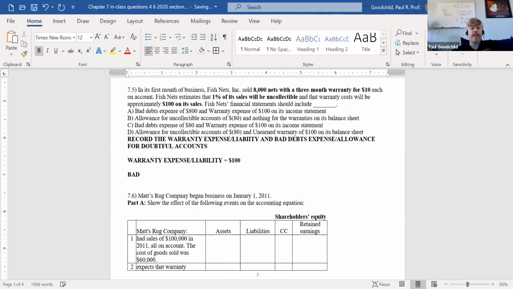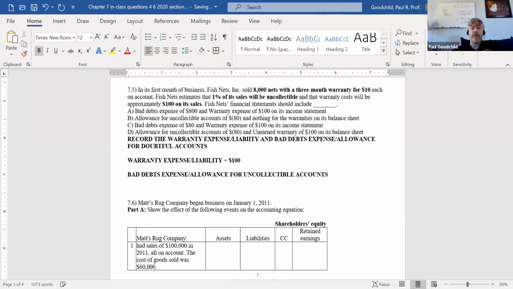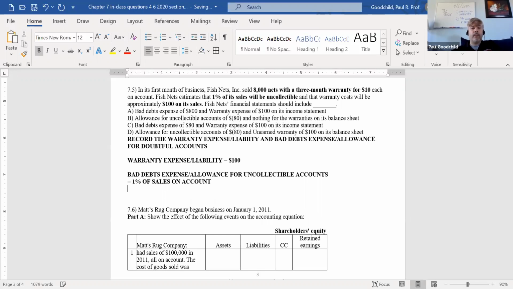The bad debts expense, allowance for uncollectible, is equal to 1% of sales on account. So we go back and look, and it says all of this was on account.